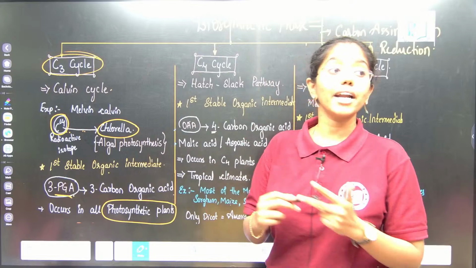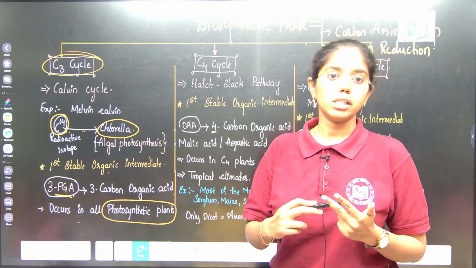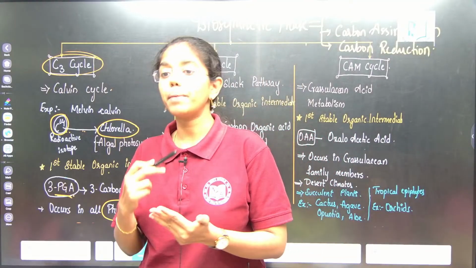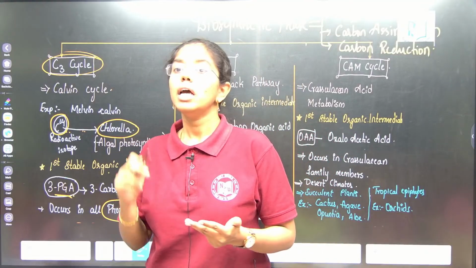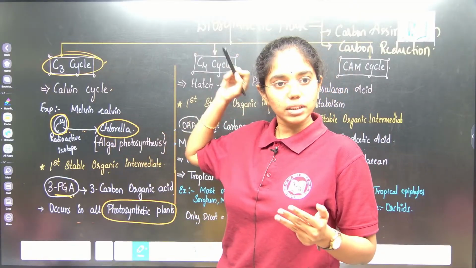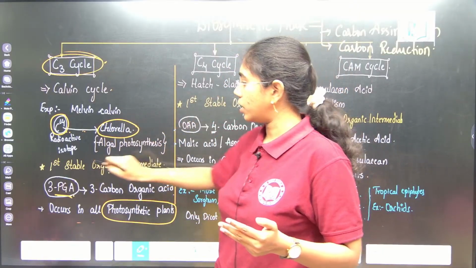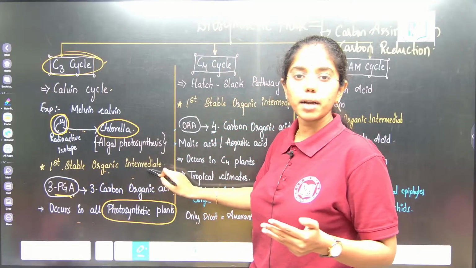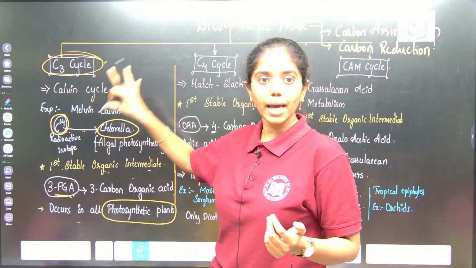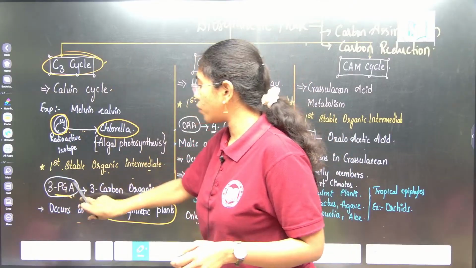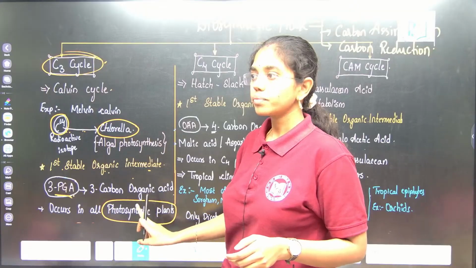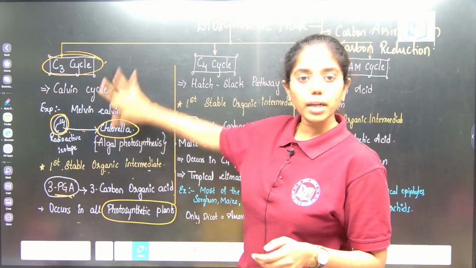What is the radioactive isotope he has used? C14. What is the primary product he has got? Primary intermediate of fixation? 3-carbon compound. That is why it is C3 cycle. First immediate product that is fixed. First stable organic intermediate. When this radioactive isotope is fixed, first organic intermediate is 3-phosphoglyceric acid, which is 3-carbon organic acid. Clear till here?